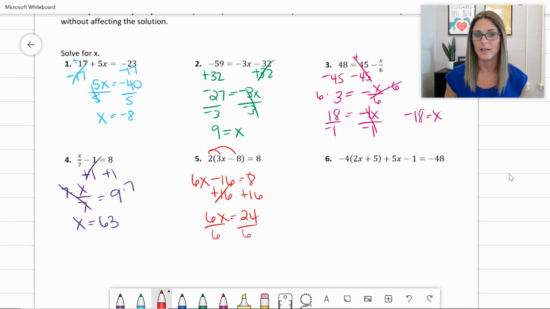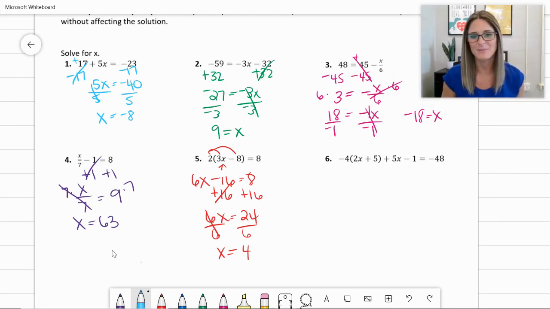And divide away the 6 on both sides. That leaves me with x equals 24 divided by 6 gives me 4. If I plug it in to check, I got 3 times 4 is 12, minus 8 gives me 4. Multiply that with 2 gives me 8. Checks.